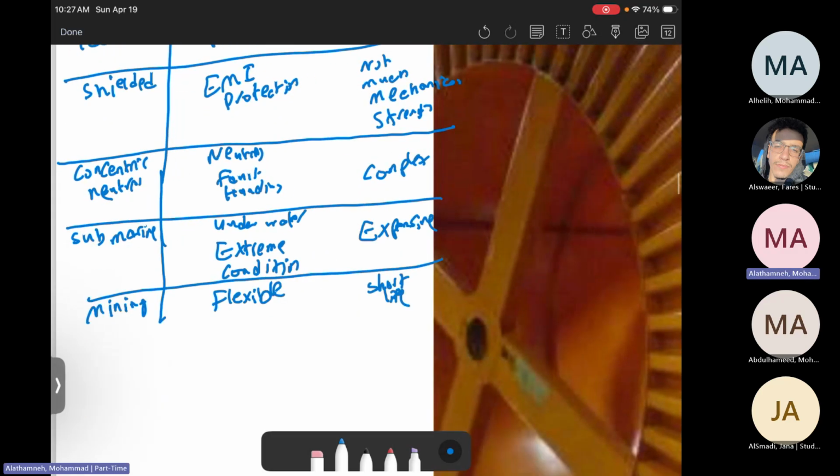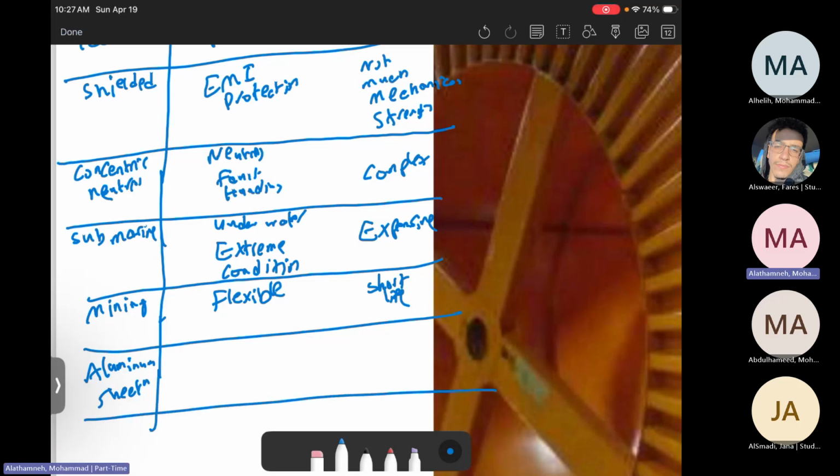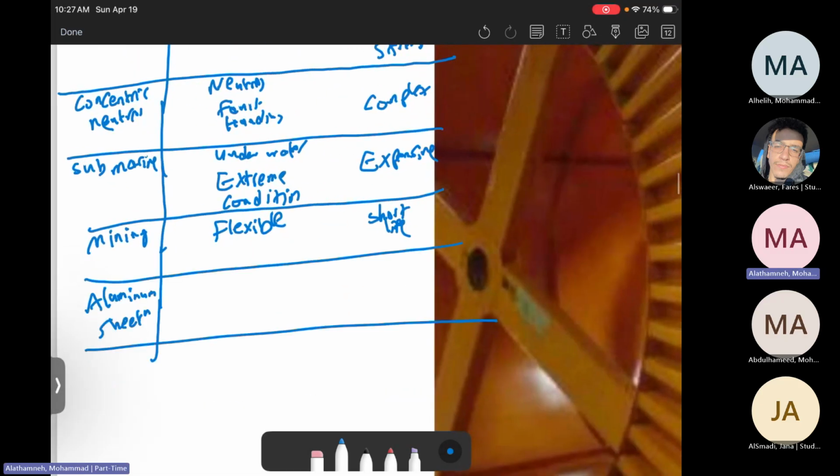Then we have the aluminum sheath. The good thing about the aluminum sheath is the moisture barrier. The drawback is the cost. The last one, XLPE.